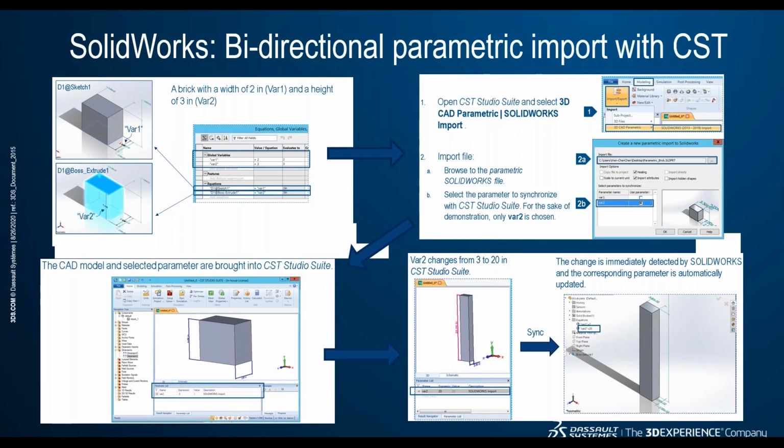And we want to be able to tune these parameters in the electromagnetic simulation. So if we import that SolidWorks model into CST Studio Suite, we can choose which parameters we want to import with the model, and then we can directly change those values within CST to run things like design of experiments or sensitivity studies to determine, if certain parameters change, maybe even just in terms of manufacturing tolerances, what's the effect going to be on our electromagnetic performance?